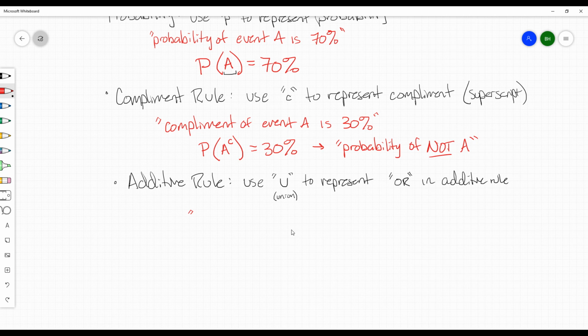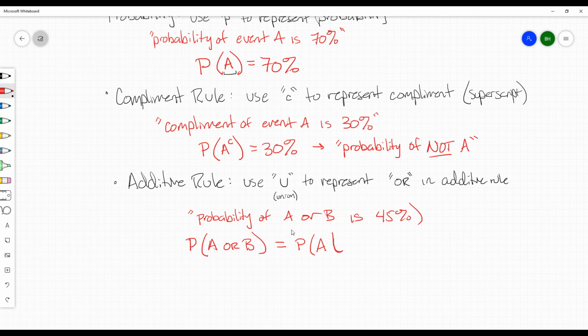So here we're going to say the probability of A or B is 45%. And here we would write that as the probability of A or B, which we can write as the probability of A union, kind of like a big U, union B, is going to equal 45%.